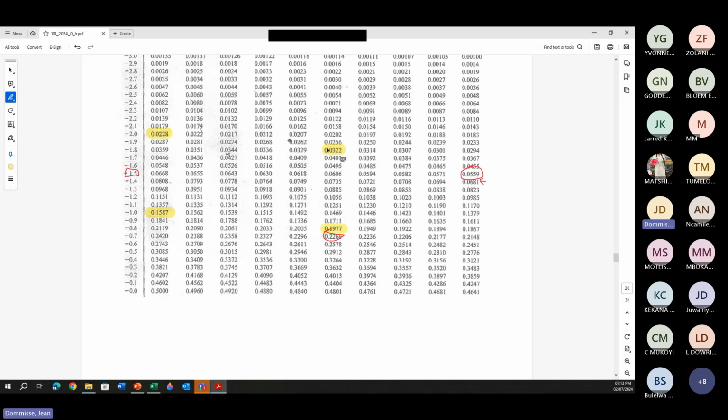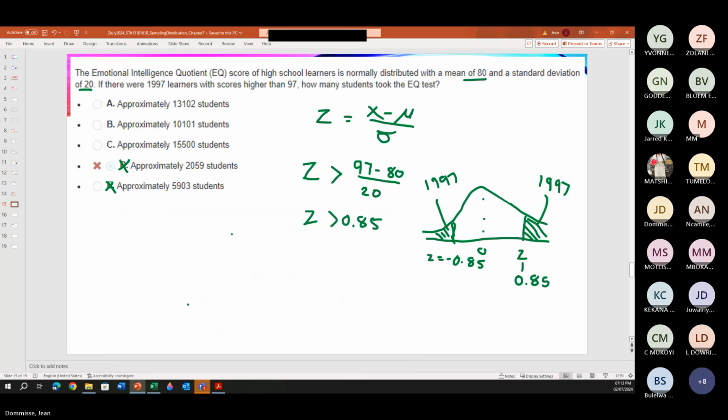Big difference in those two. 0.85, so 0.1977. So 1997 divided by 0.1977, let's just make 100% sure.